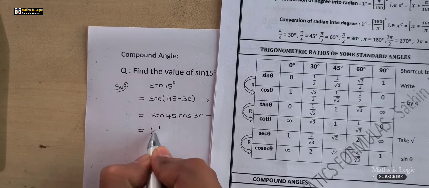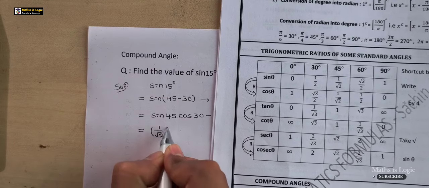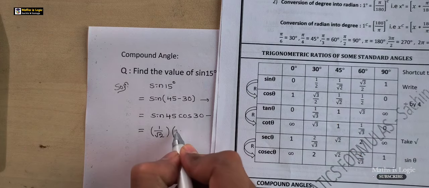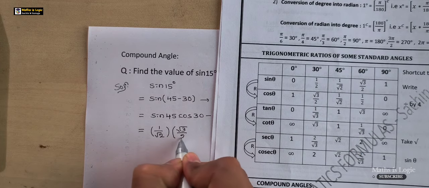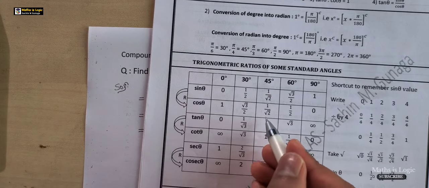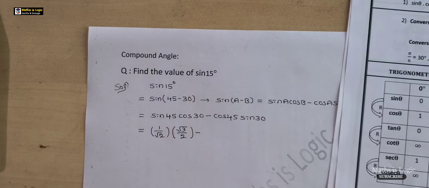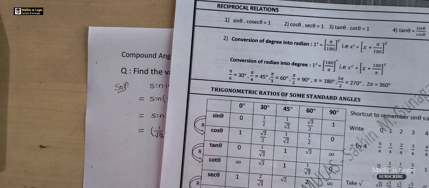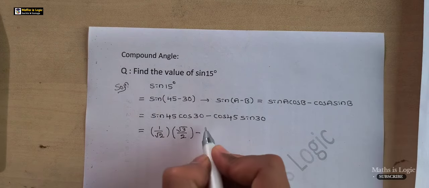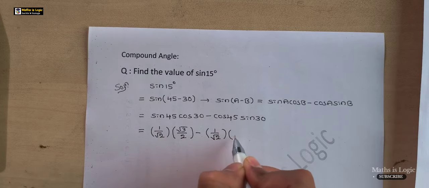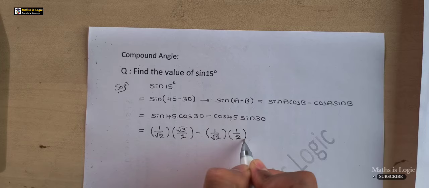So 1 divided by root 2 and into cos 30 is root 3 by 2. Next, minus cos 45, 1 divided by root 2, and sin 30 degree is 1 divided by 2.